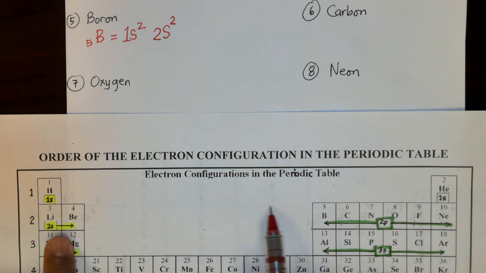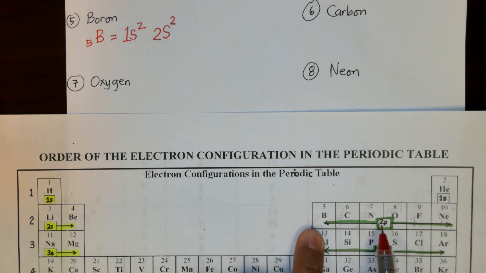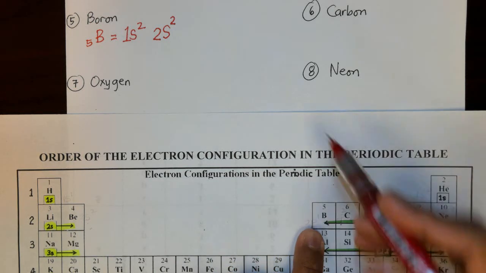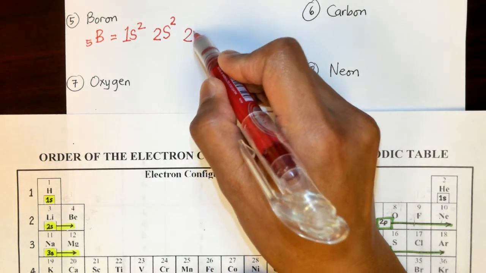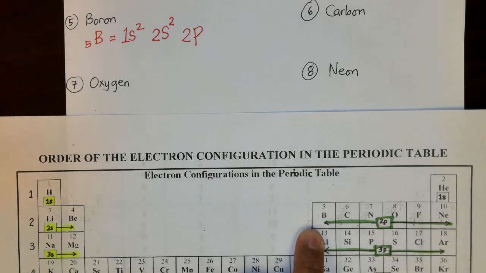Finally, I'm going to go to the right and reach boron. What's the label of my boron? It's a 2p. So I'm going to write down 2p. But what's my exponent? All you need to do is figure out what portion of the p is boron. Is it the first, the second, the third, or the sixth? All you need to do is count.